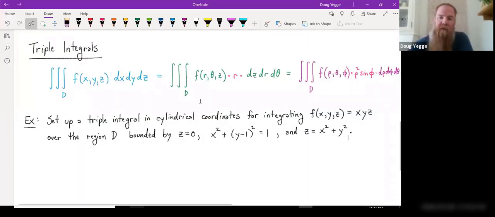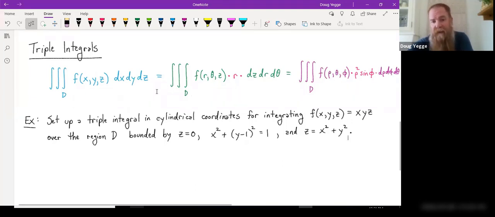So before beginning this next example, we'd like to generalize triple integrals in the 3 different forms now. If you're given a function of x, y, and z that you want to integrate, then in order to do so in other coordinate systems, you're going to have to first change the variables of our function, in this case x, y, and z, into r, theta, and z. Or likewise, change them into rhos, phis, and thetas.